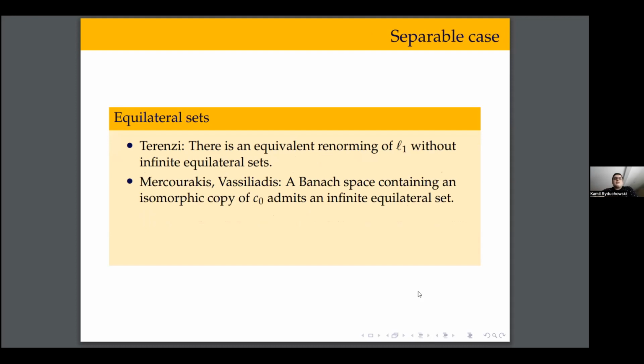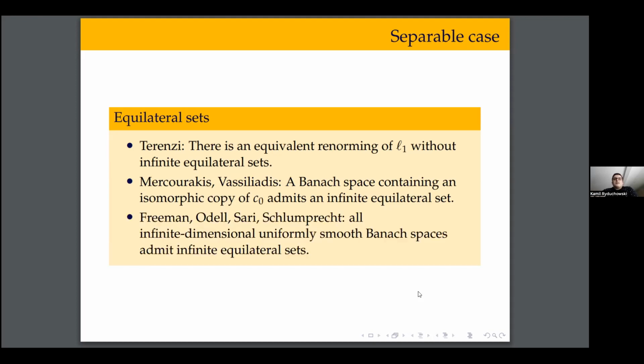Mercourakis and Vassiliadis proved that a Banach space containing an isomorphic copy of c0 always admits an infinite equilateral set. And Freeman, Odell, Sari, and Schlumprecht proved that infinite dimensional uniformly smooth Banach spaces also admit infinite equilateral sets.